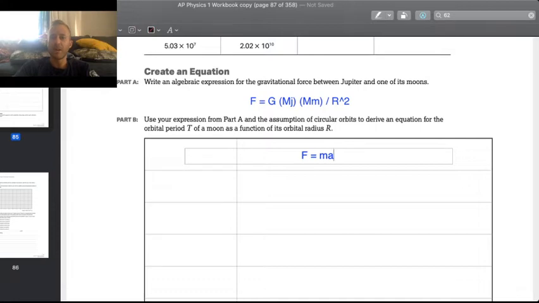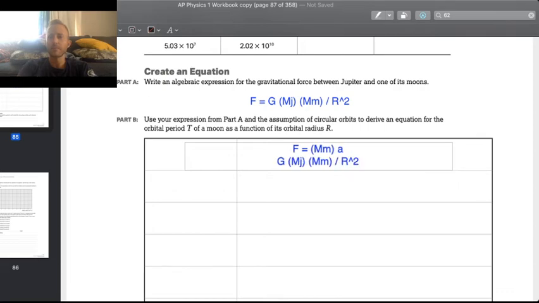And I'm going to apply it to the moon, because we want to know what is the orbital period of the moon, so we should do Newton's second law for the moon. Next I'm going to substitute in the gravitational force for the net force. And we can see that the mass of the moon cancels out.